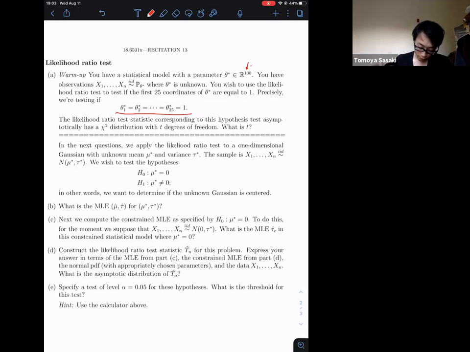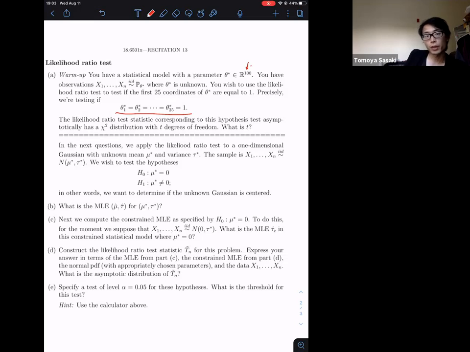But this is just a hypothesis, and we're not asking you to construct any test statistic for this. Instead, we're asking what the degrees of freedom are for the chi-square distribution which will construct the test statistic Tn in the likelihood ratio test.